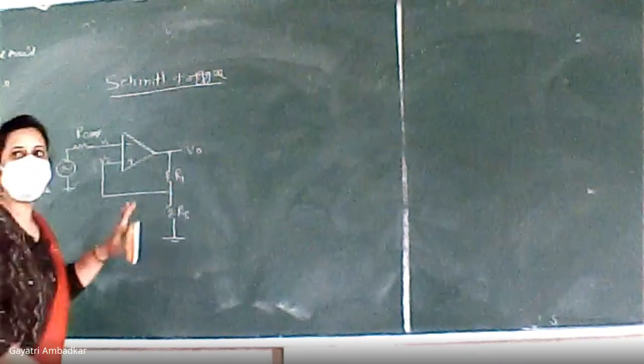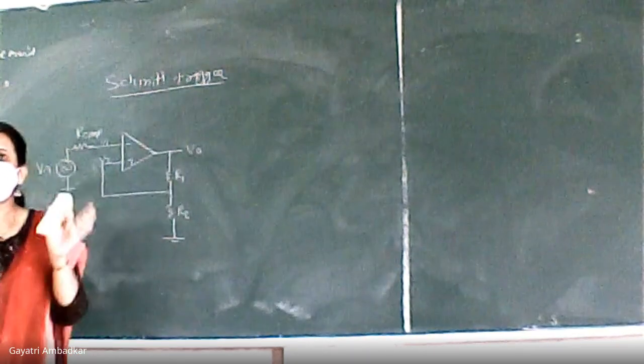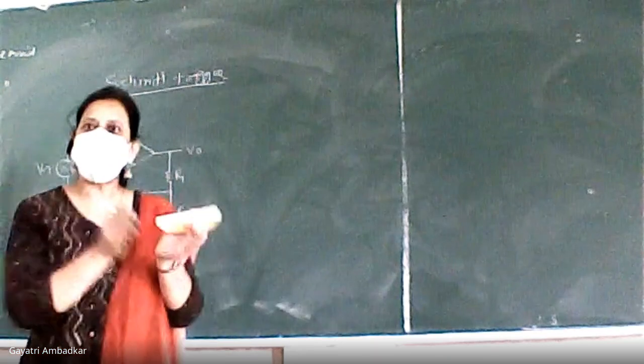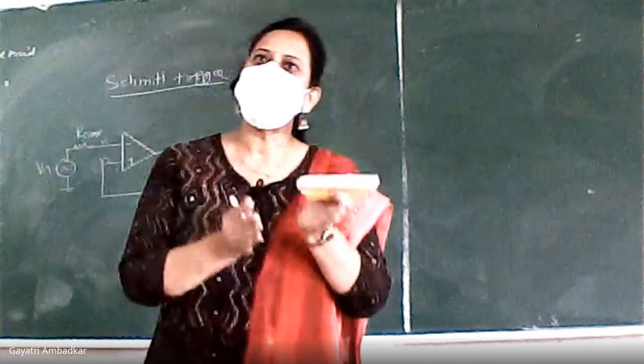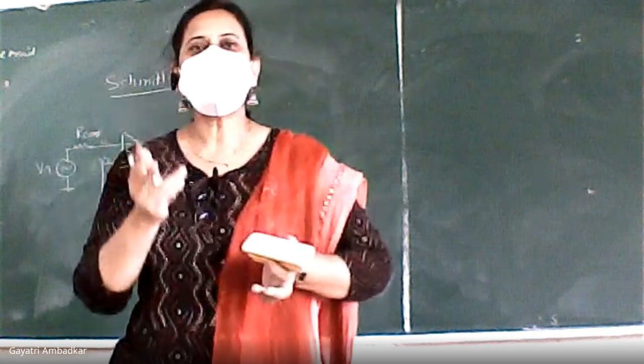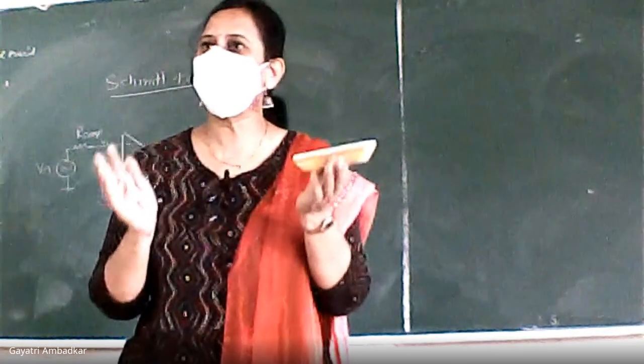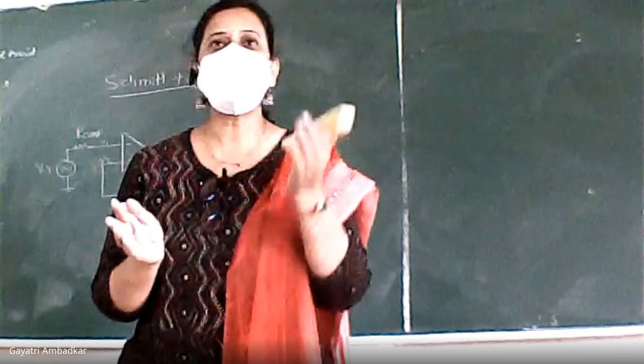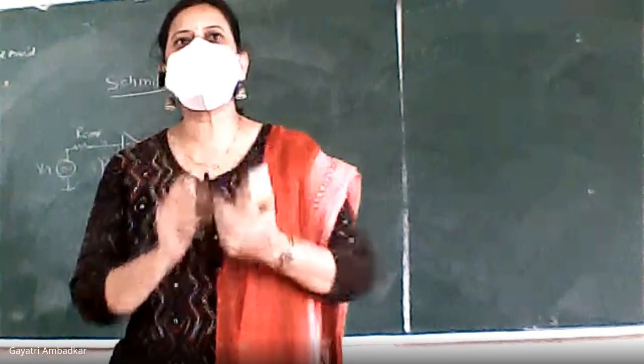In comparator, we have seen that we didn't connect any feedback, right? And the comparator was comparing one input with the other or one input with some fixed voltage. Either you can connect two sinusoidal voltages at two terminals or you can connect one sinusoidal voltage and one DC voltage.